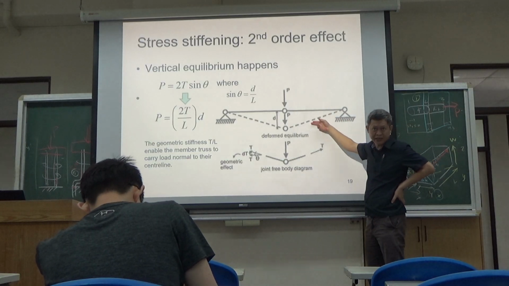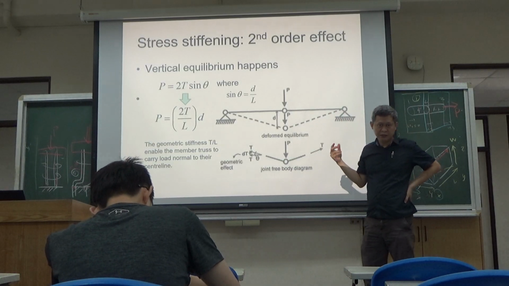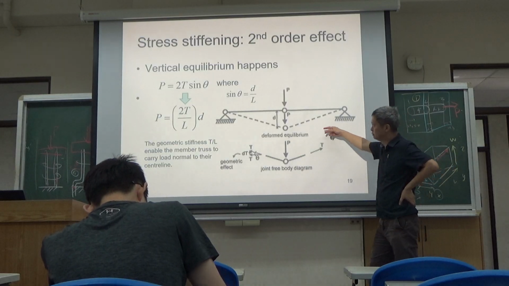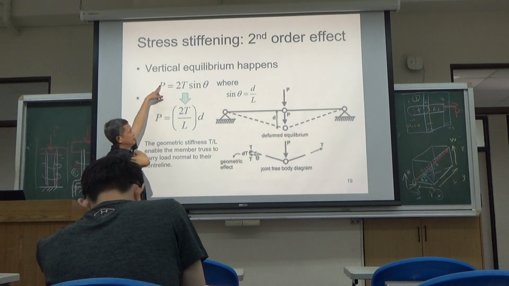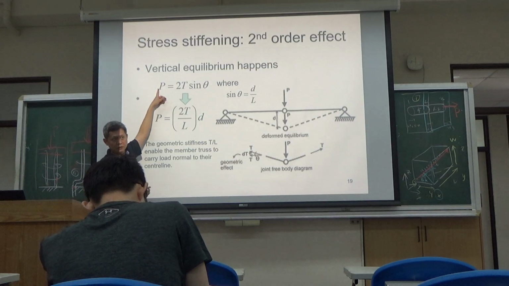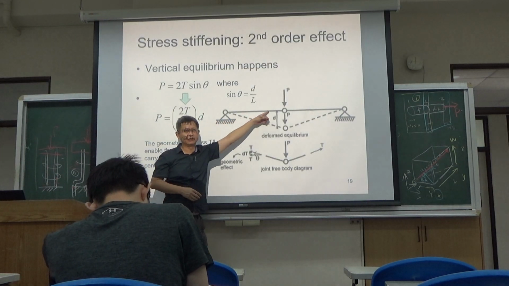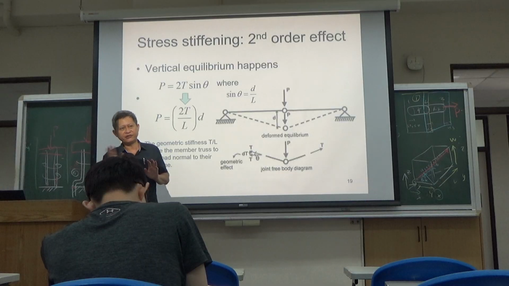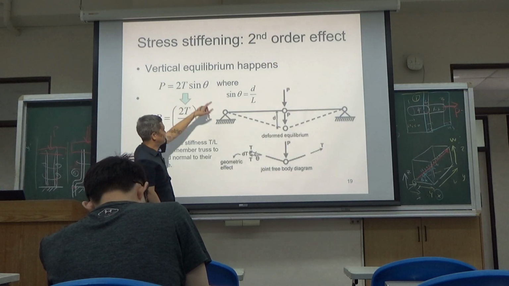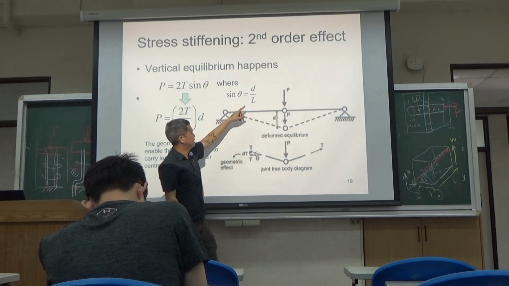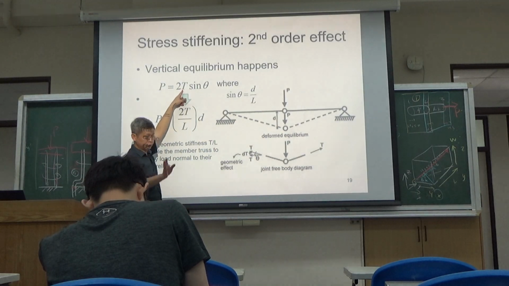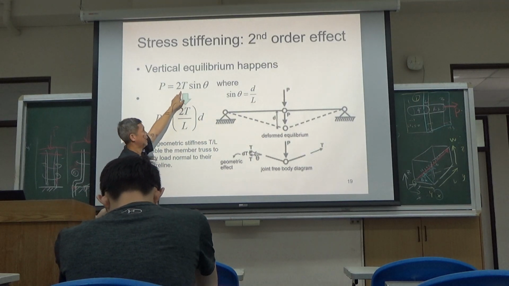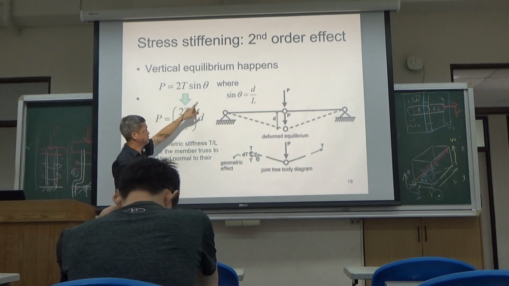So the extension must be about D squared over L. So in this case, you can see what is resisting the vertical force. It is not the stiffness of the structure. What is resisting this vertical force is the bar tension. How much is the tension? We're going to check it out. But anyway, it is the bar tension.